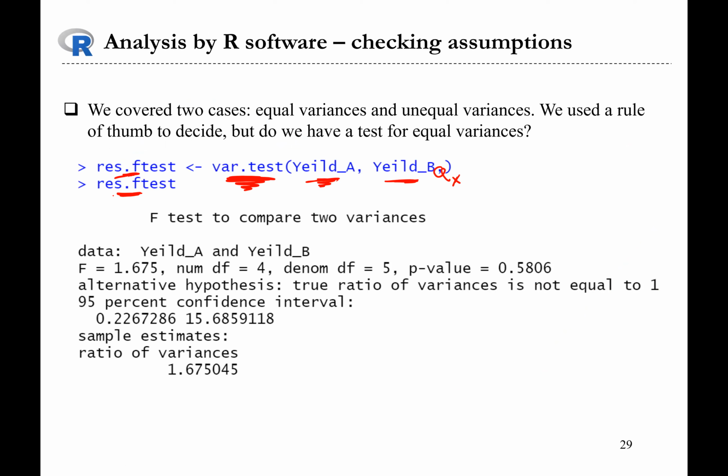It gives me a p-value. So you need to know how to use the p-value to decide between equal variances and unequal variances. So our H0 should be sigma 1 square equals sigma 2 square versus H1, sigma 1 square doesn't equal sigma 2 square. I need to know which case I should go with.